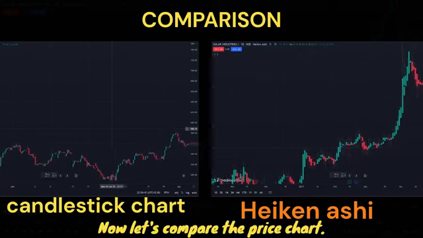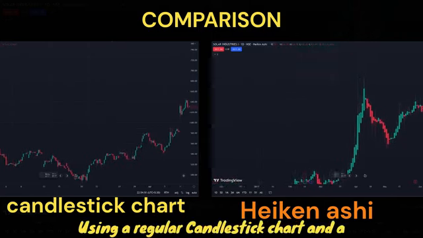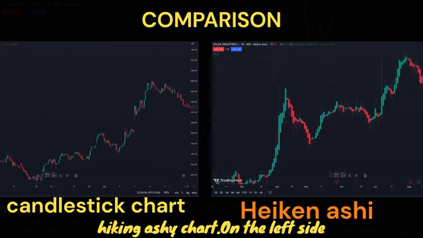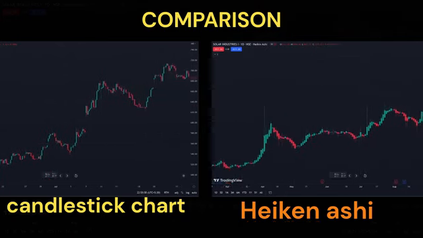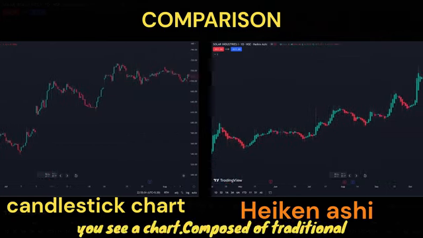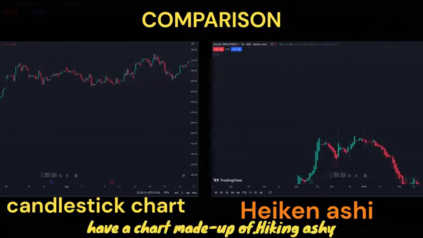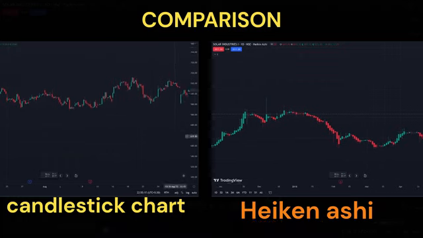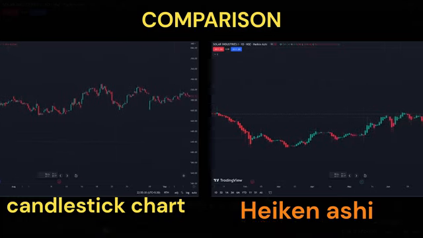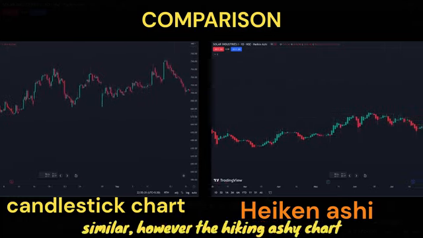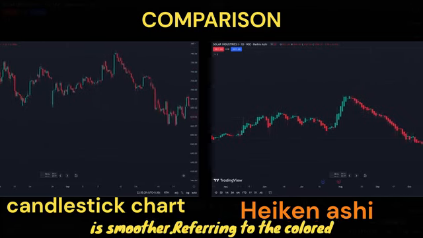Now let's compare the price chart using a regular candlestick chart and a Heikin Ashi chart. On the left side you see a chart composed of traditional candlesticks. On the right side we have a chart made up of Heikin Ashi candles. The charts look pretty similar, however, the Heikin Ashi chart is smoother.